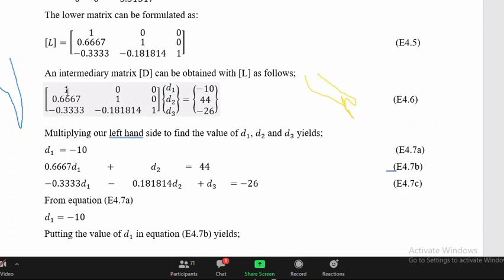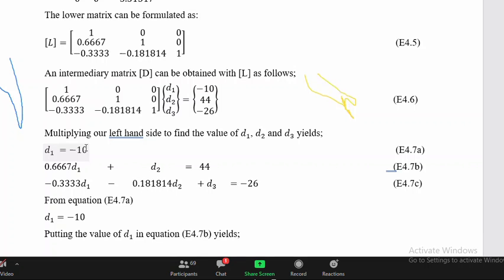Look at how we do it: 1 times D1 plus 0 times D2 plus 0 times D3 equals minus 10. So when you simplify, you have D1 equals minus 10.